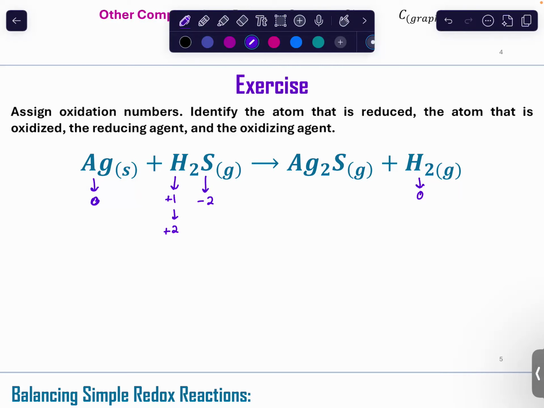Silver sulfide. Where do we want to start with that one? You want to start with the metal or the sulfur that is in the P block? By the way, where's the P block?